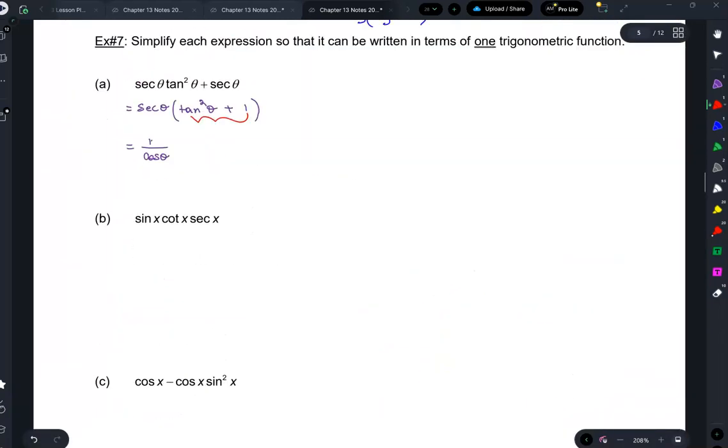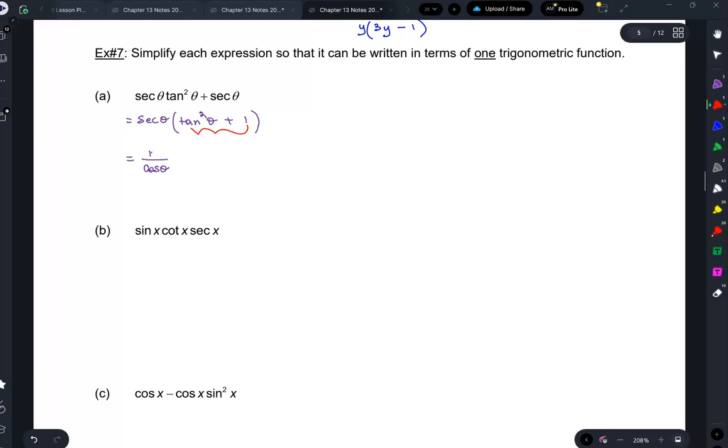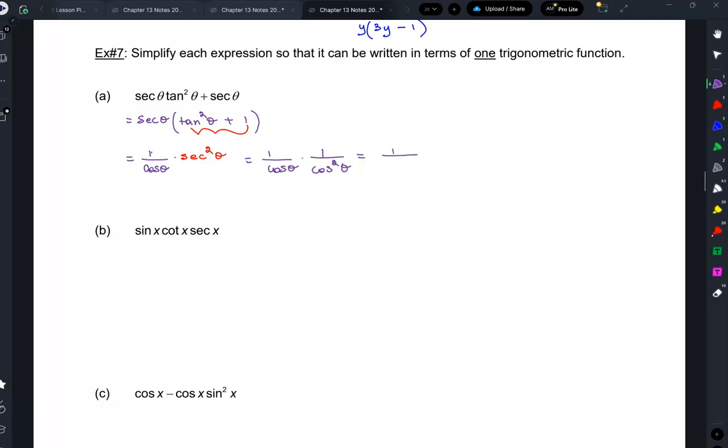Secant squared theta, okay, so what is that? 1 over cosine squared theta. This is 1 over cosine cubed theta.